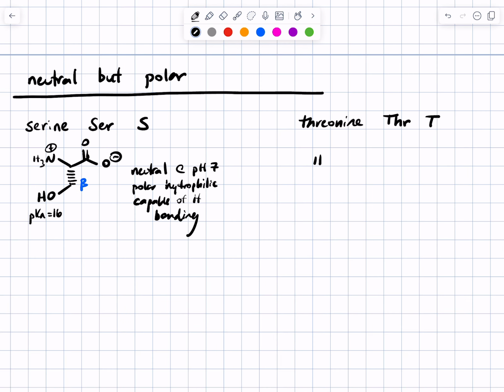So if we were to just copy and paste the structure of serine over here, all we'd have to do is add a methyl group to get threonine. The pKa of that proton on the alcohol is still 16. So still neutral at physiological pH, like serine, capable of hydrogen bonding.